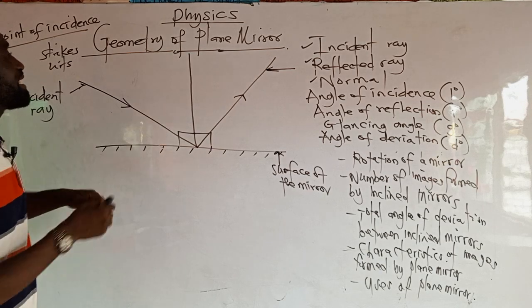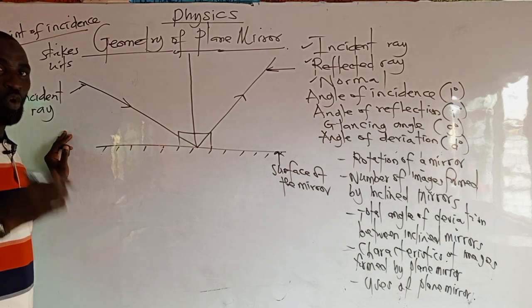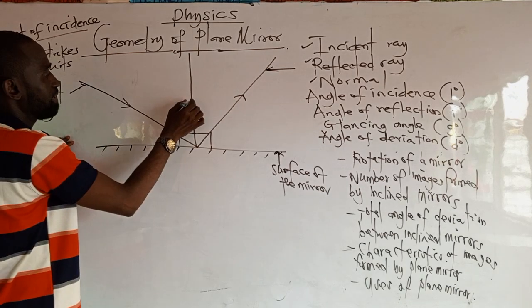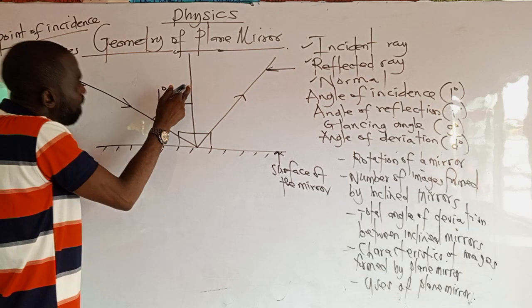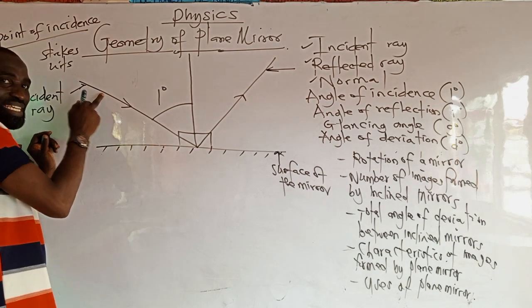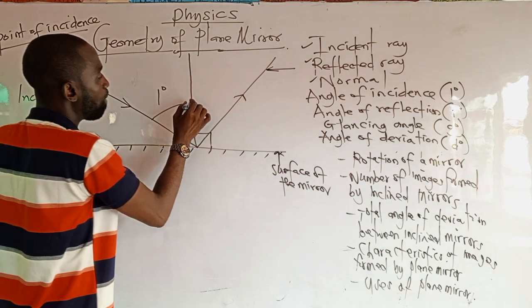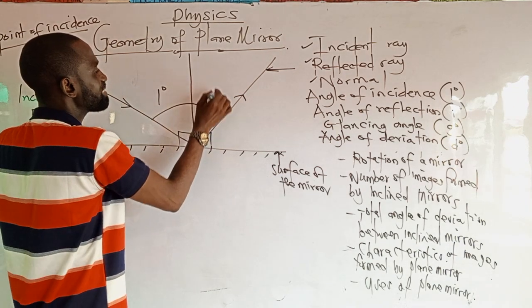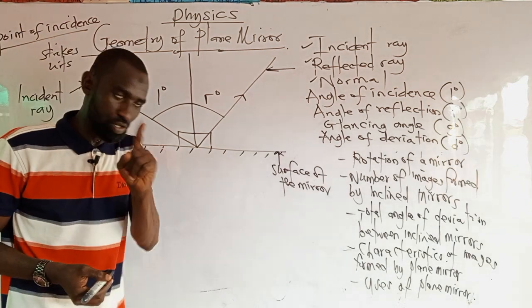The angle between the incident ray and the normal is what we call angle of incidence. Here, angle of incidence. The angle between the normal and the reflected ray is what we call angle of reflection.